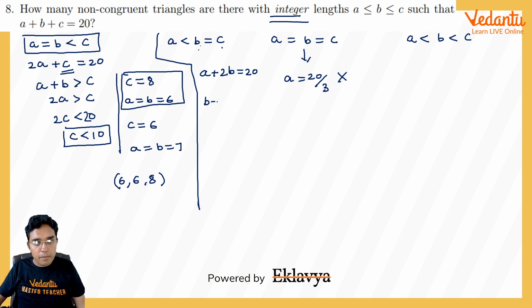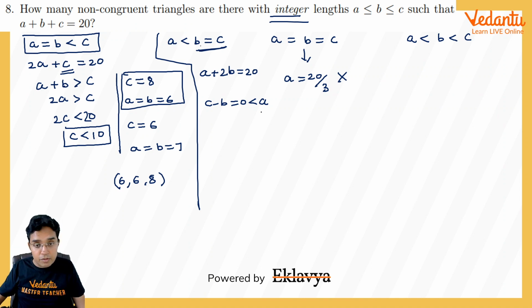So B minus C or C minus B, whatever you say, the difference is 0 here, and this is definitely lesser than A. So I think here we need not take care of any inequality sign because of this. So we just have to think of A plus 2B equal to 20, and the bigger two sides are equal and obviously greater than the smaller side.